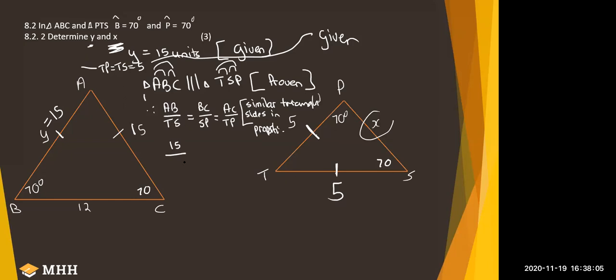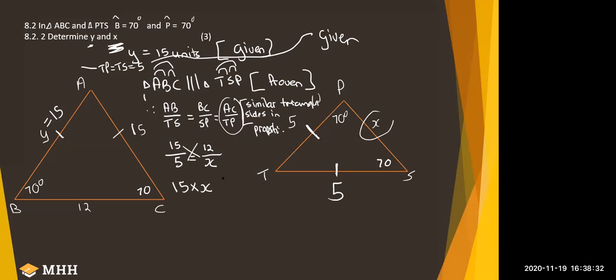Okay, let's move on. AB over TS. Now, TS, I just said there is going to be 5. BC is 12. SP is X. I don't have to continue with AC over TP. You see, that will be a waste of time. So if I have 3 known values, I can work out X now by cross multiplying.